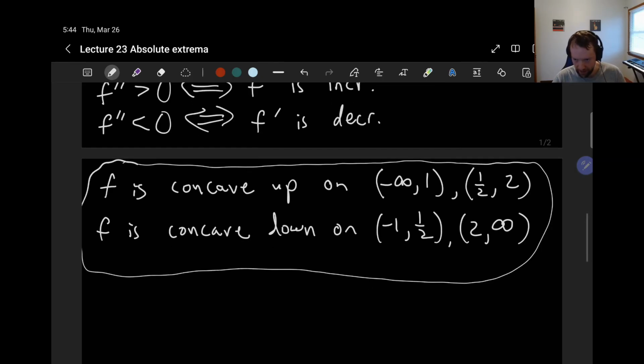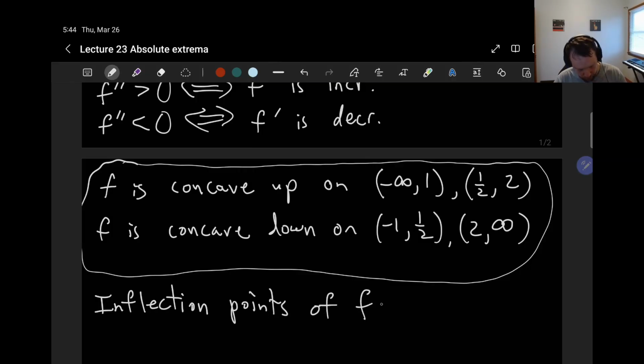And while we're at it, I didn't ask for this, but let's talk about inflection points real quick. Inflection points of f, that's when the concavity changes. So that would be at all these numbers we see. That's where we're switching around.